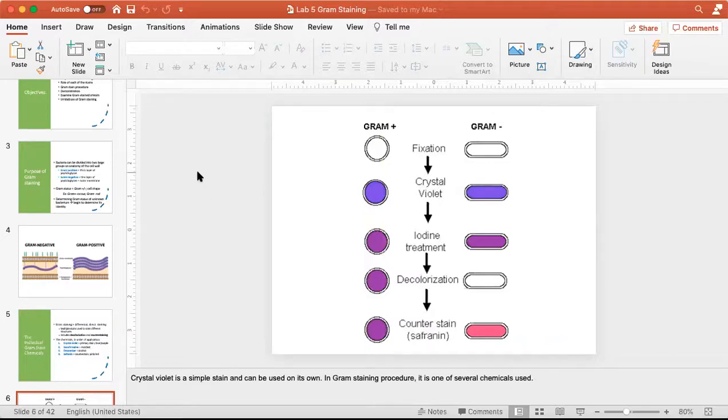On this slide, you can see what's happening at a cellular level during Gram staining. On the left side of the slide, we can see a drawing of a coccus-shaped bacterium, and this one happens to be Gram positive. Over here, we have a rod-shaped bacterium drawn, and it happens to be Gram negative.